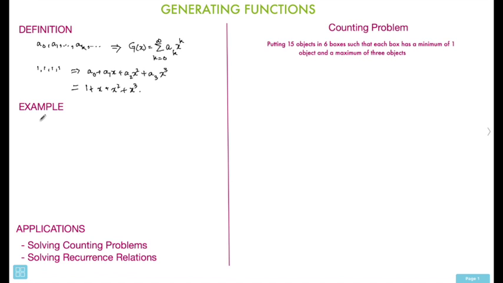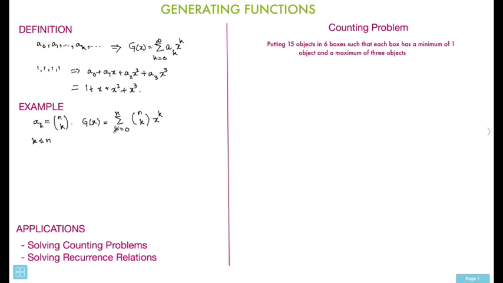Let's say we have ak equal to n choose k. So this means that our g of x will be the sum from k equals 0 to n of n choose k, x to the k, for k less than or equal to n.